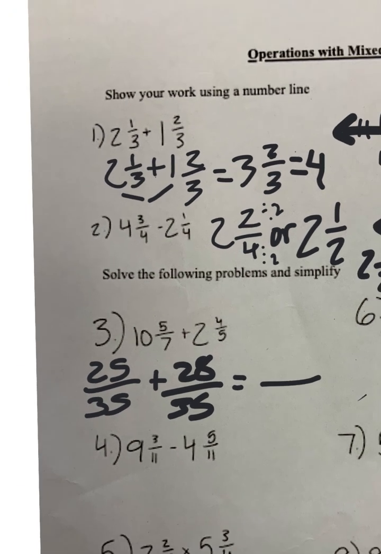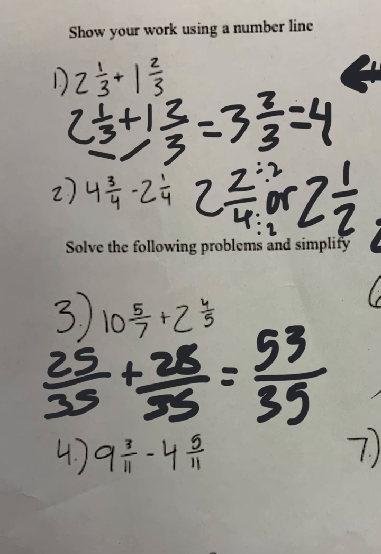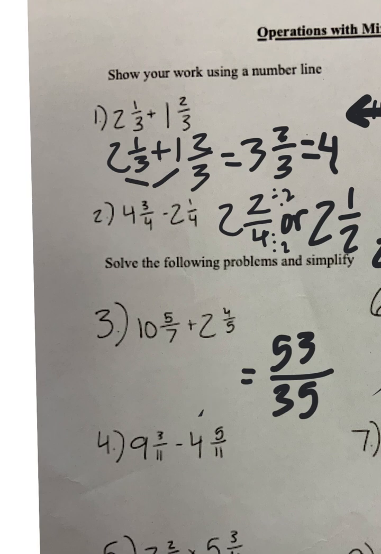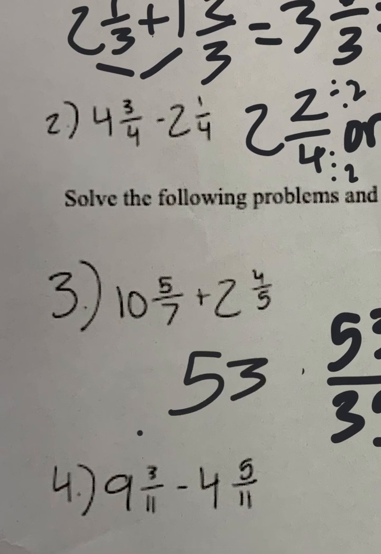So 28 plus 25 is 53 over 35, which is an improper fraction, so we have to convert it to a mixed number. So we're going to divide 53 by 35.